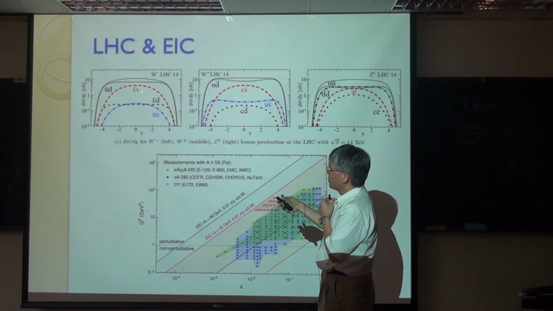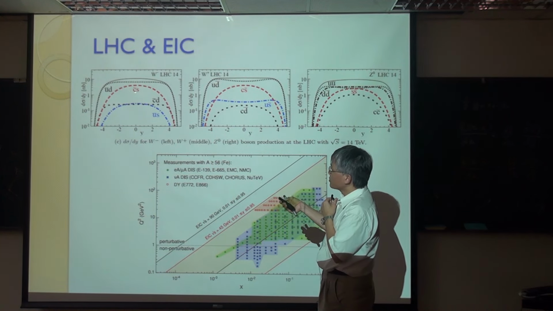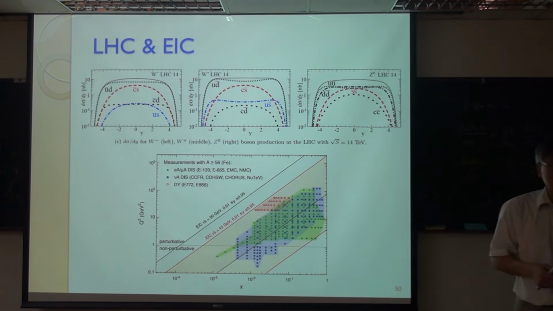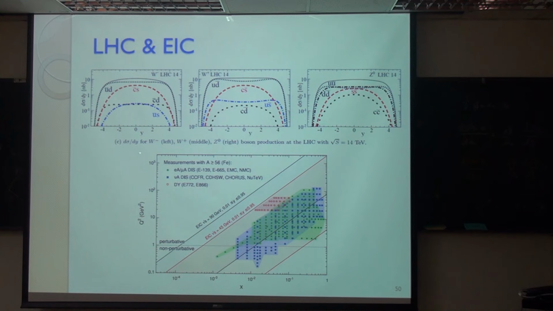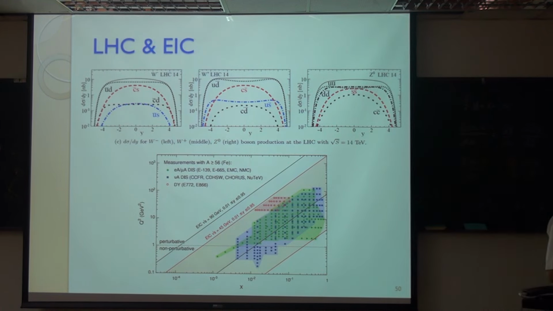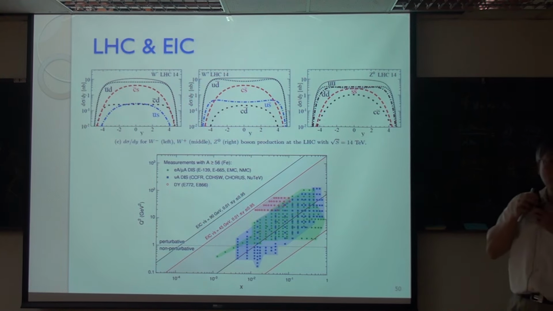So you start getting relatively good sensitivity even to the C bar, the charm and the strange quark. And even more surprising, for Z0, the strange quark can contribute. So by measuring W and Z production at the LHC, you actually provide a very good constraint on the C quark. But of course, they are in the very small X region here.